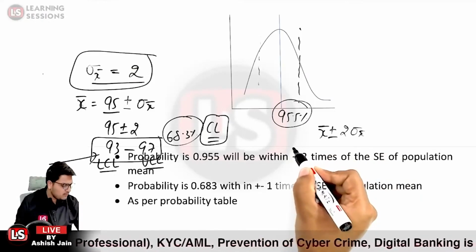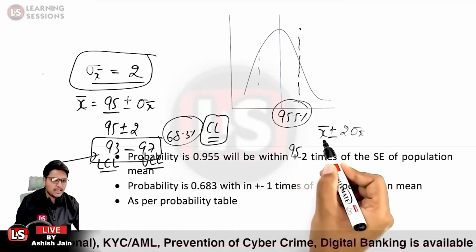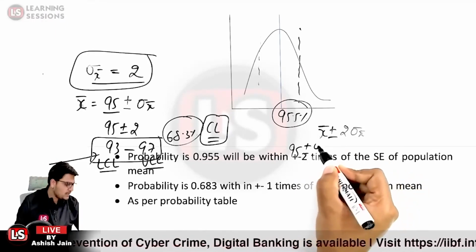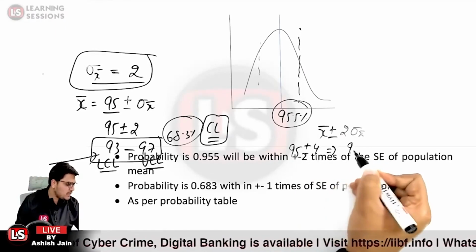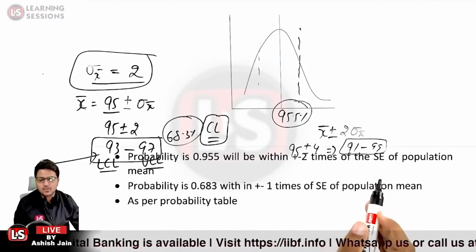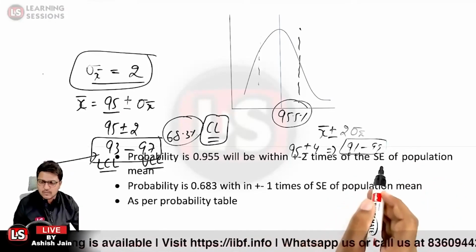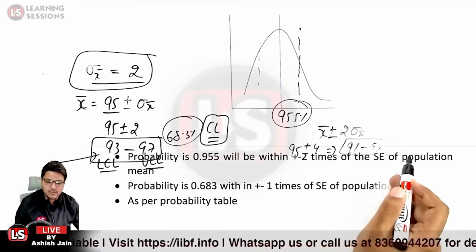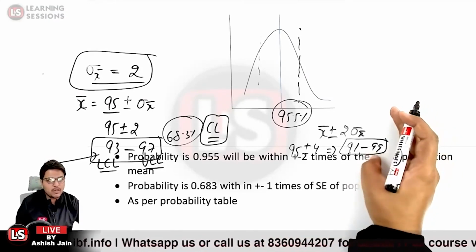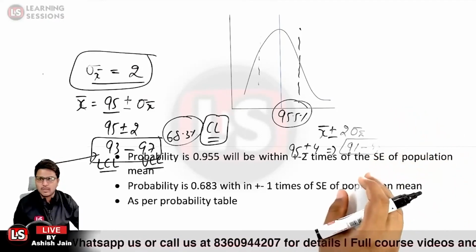We have x bar equal to 95 plus or minus 2 sigma x bar, which is 4. So the range would be 91 to 99. That is the range where 95.5% of the values would fall.